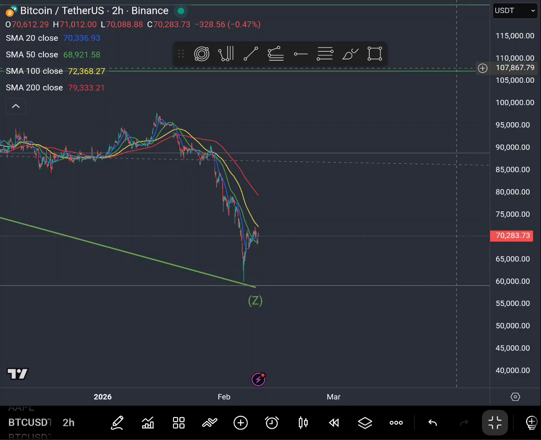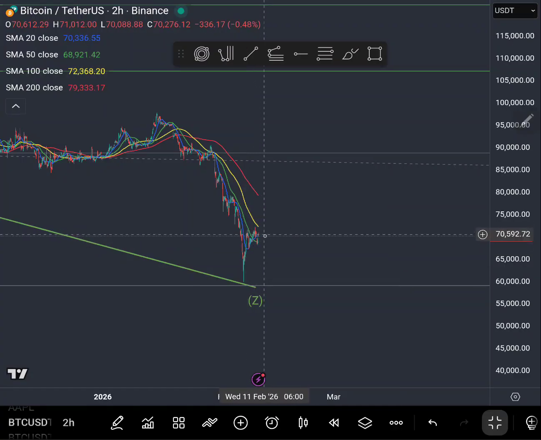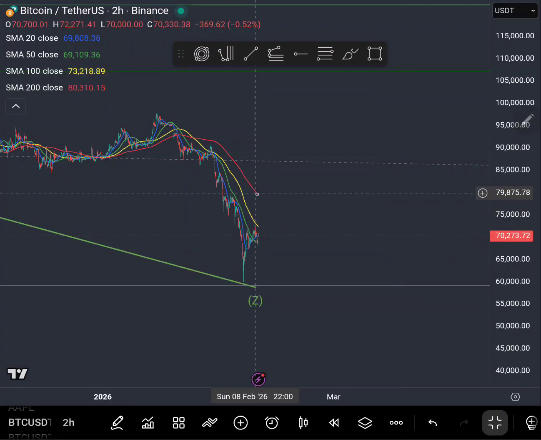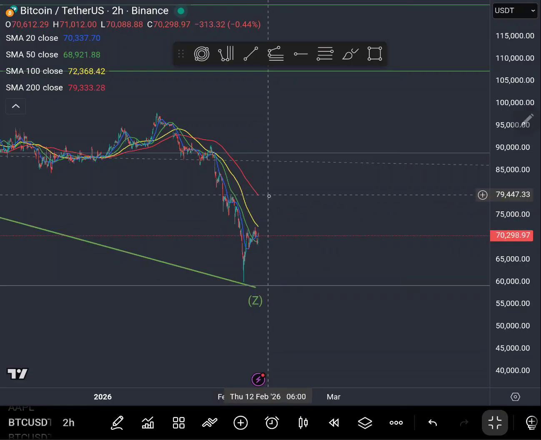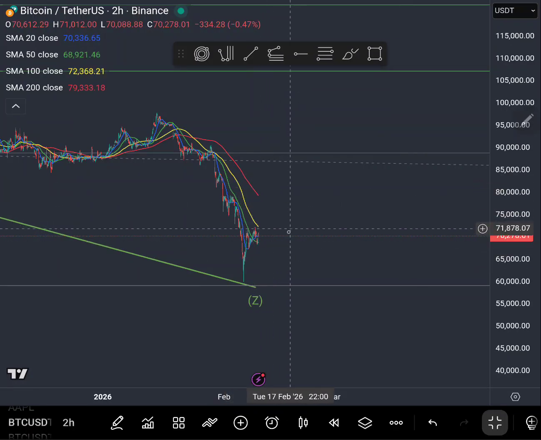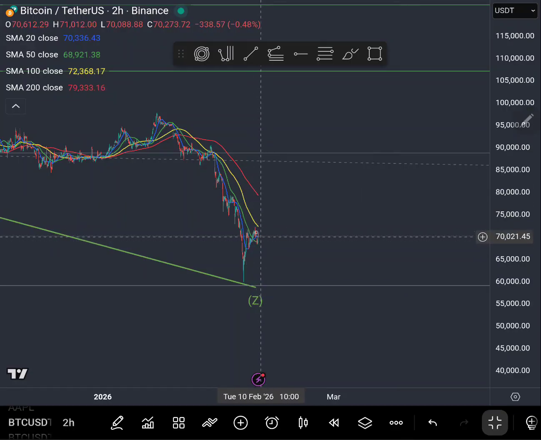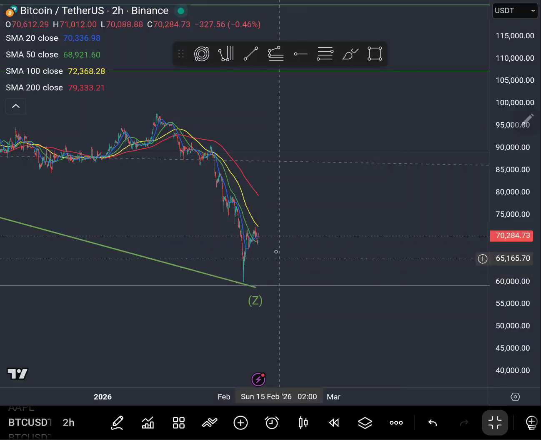Probably what we'll see is the price will come up and touch the 200 moving average, or get close. Then maybe price will come back down a little bit, give it a bit of time, and once it comfortably moves above the 200 moving average, then probably we're going to see prices take off.